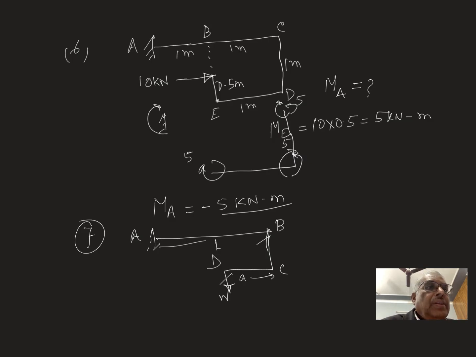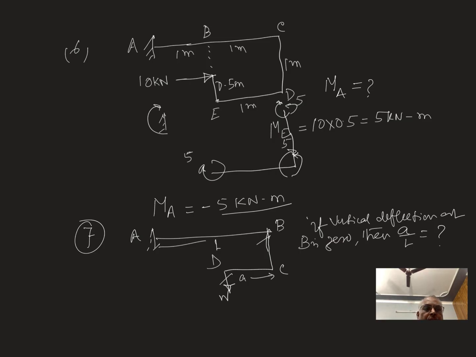If the vertical deflection at B is 0, then what is a by L? We have to find out how much a by L is.